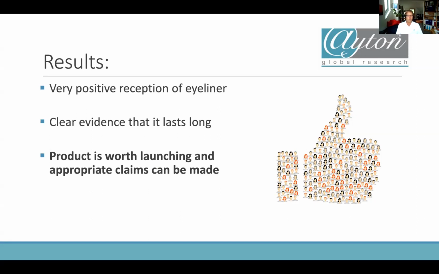So I think a good success story, where at the same time you proved how effective the product is, you validated the claim, and you also showed that it has a strong potential position in the market, and it can stand out versus competition. So I think the client could be happy at the end with these results.